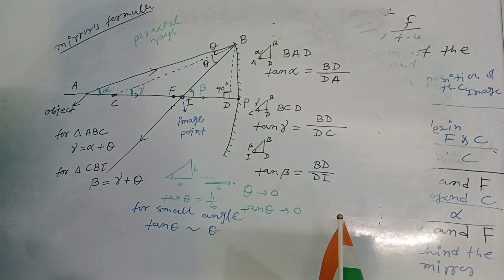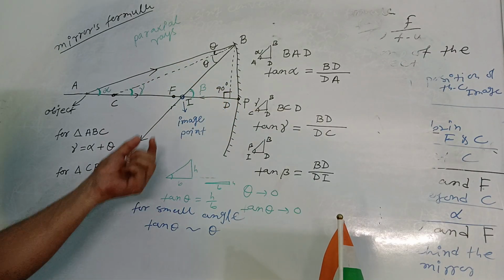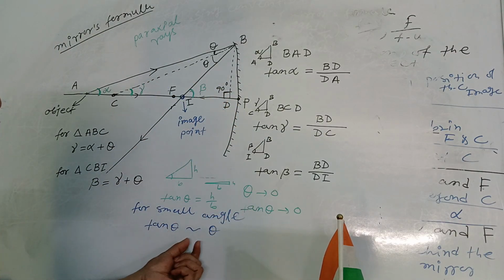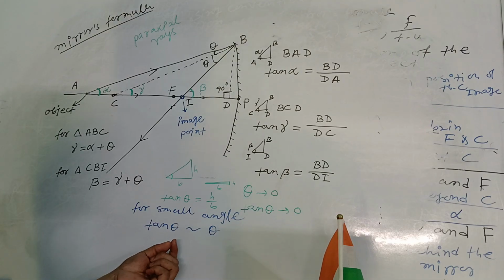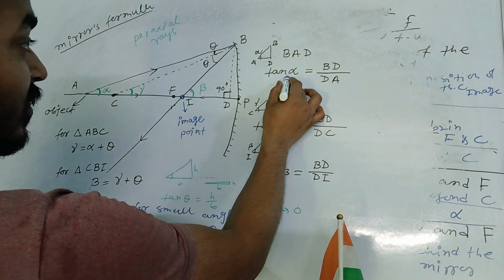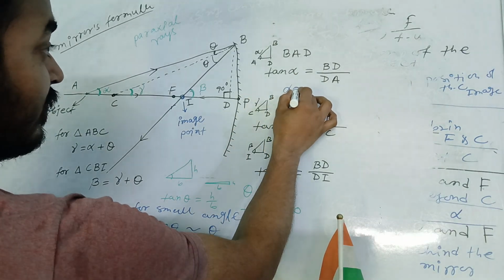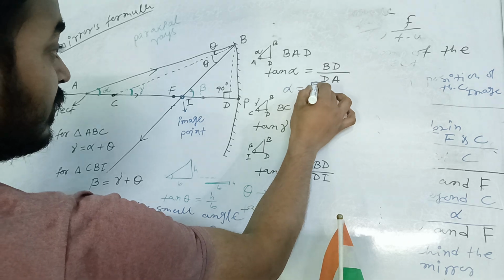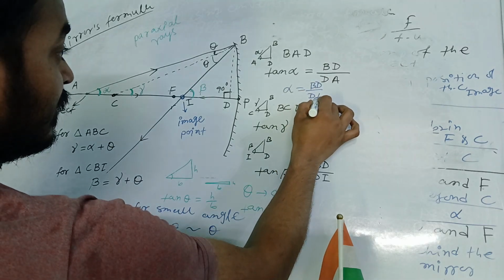this is valid. When theta tends to 0, then tan theta tends to 0, which means for a small angle tan theta is theta. So similarly, instead of tan alpha, we can write alpha equal to BD divided by DA.